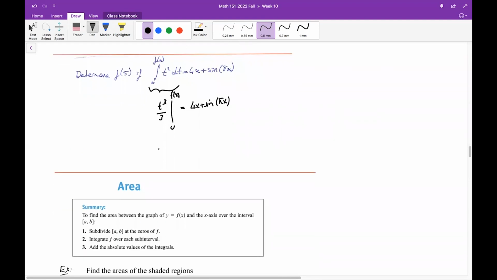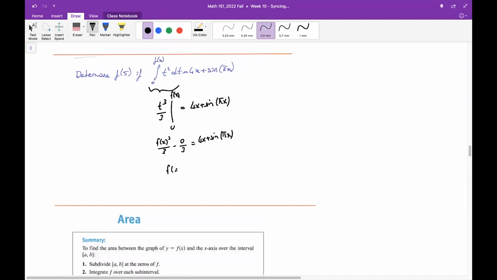So what you have in the left-hand side is, in fact, f(x) cubed over 3 minus 0 over 3, this expression. So your f(x) cubed is in fact 3 times this thing. So f cubed is this thing.